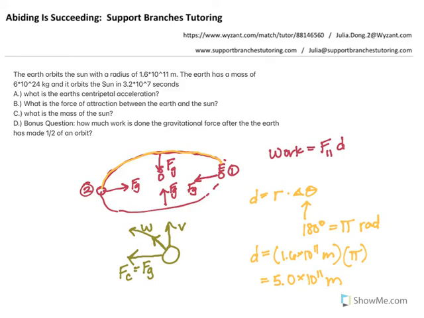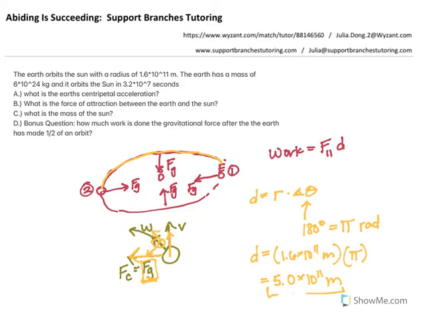So if we look at this, we have our angular velocity or velocity and our force. And the question asks, how much work does the gravitational force do? So we're talking about this force here that's pointed towards the sun. And this distance that we calculated, the 5 times 10 to the 11 meters, you can think of as being the same displacement or direction of the velocity. Because as the Earth moves here, again, our force of gravity is going to look like that, and our displacement is going to look like that.